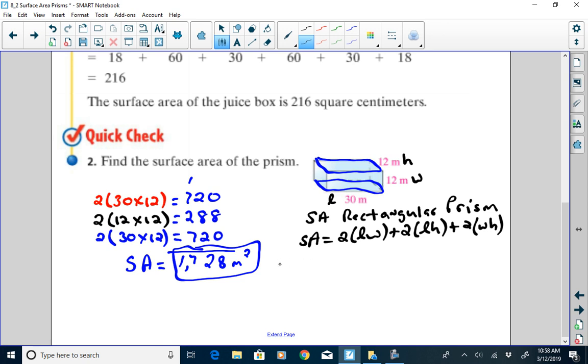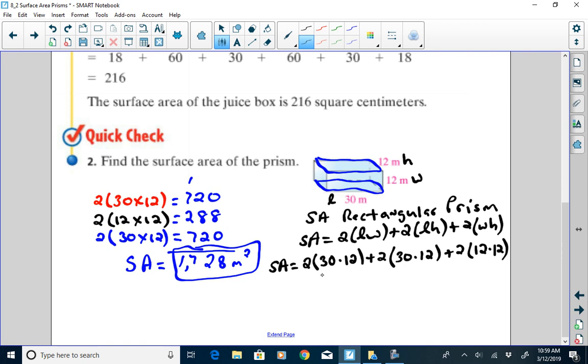So if I'm using my formula, it's going to look like this. Surface area is going to be equal to 2 times length times width is 30 times 12, plus 2 times length times height, which is 30 times 12 again, and then plus 2 times your width times the height is the 12 times 12.